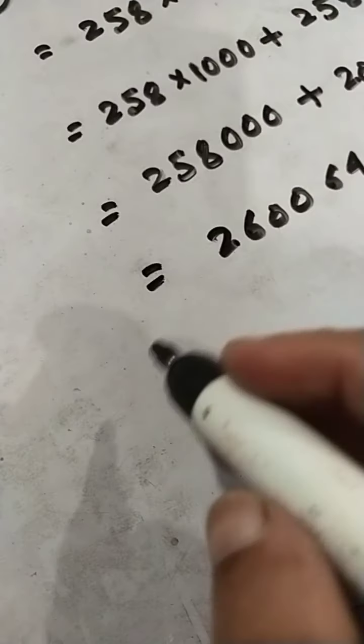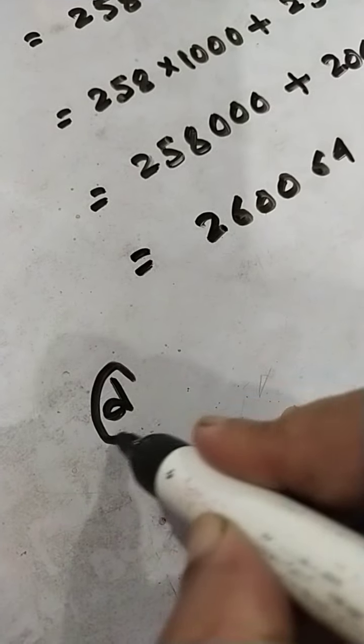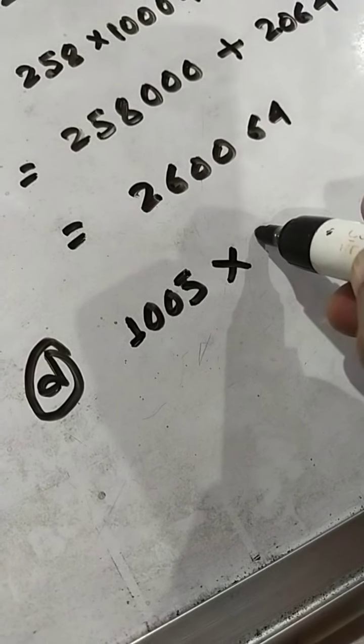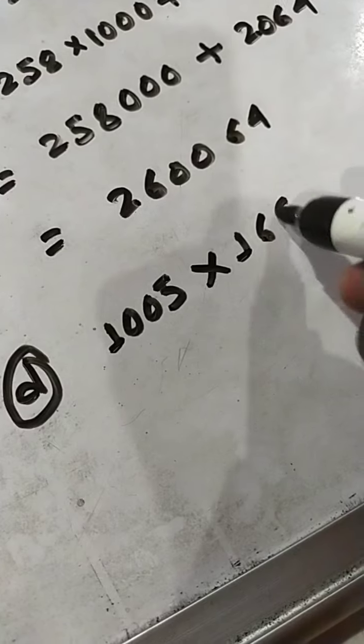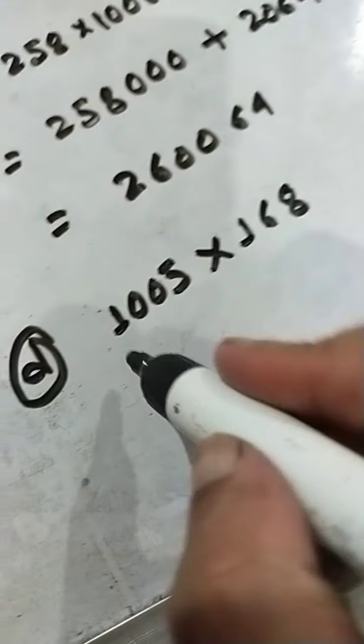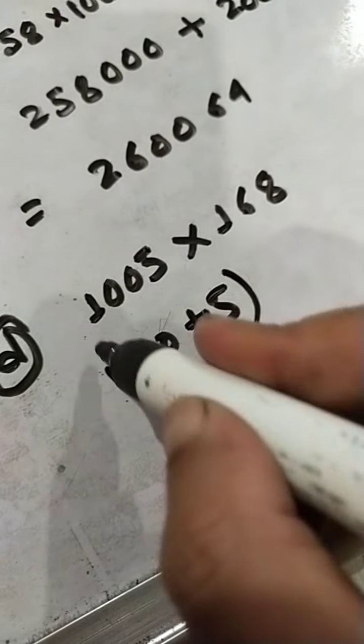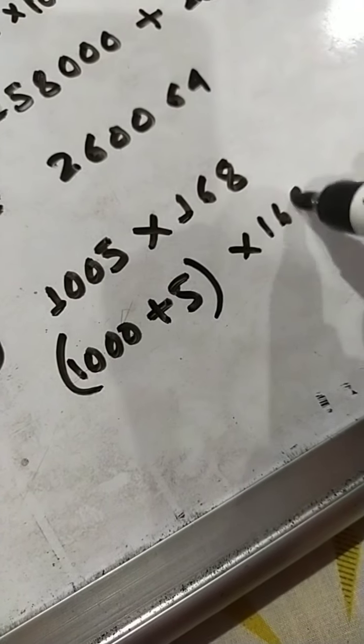Now what you have to do with sum number D? Sum number D is also very easy. That is 1005 into 168. So which one will you break? Obviously this one. That is 1000 plus 5, into 168.